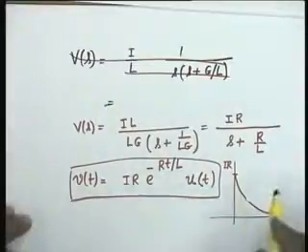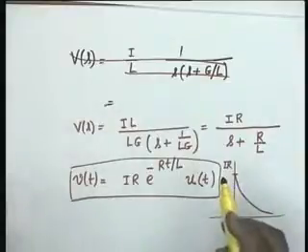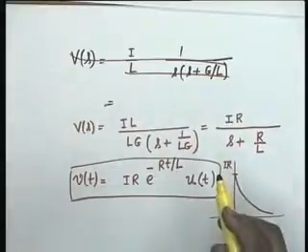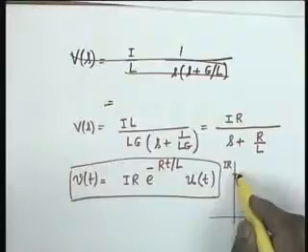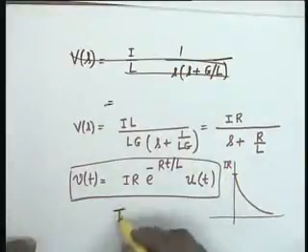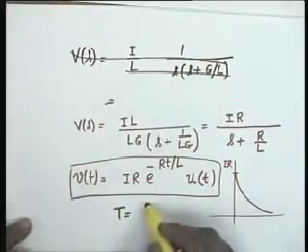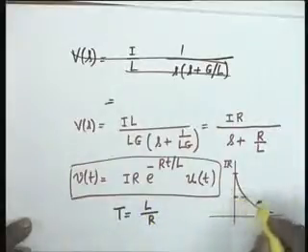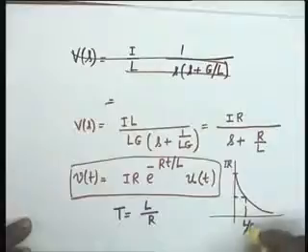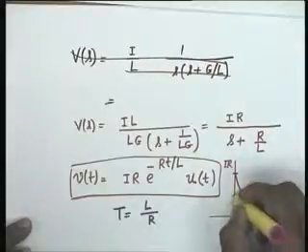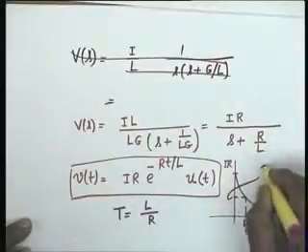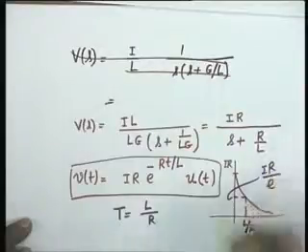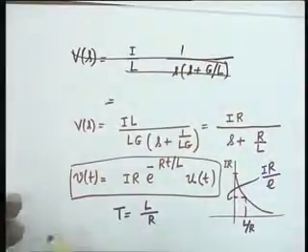You also know that the time constant of the circuit is the time required for the voltage to drop to 1 by e of its value at t equal to 0, and therefore the time constant of the circuit is simply L by R. So this is L by R, and this value is IR divided by e. This is the time constant.